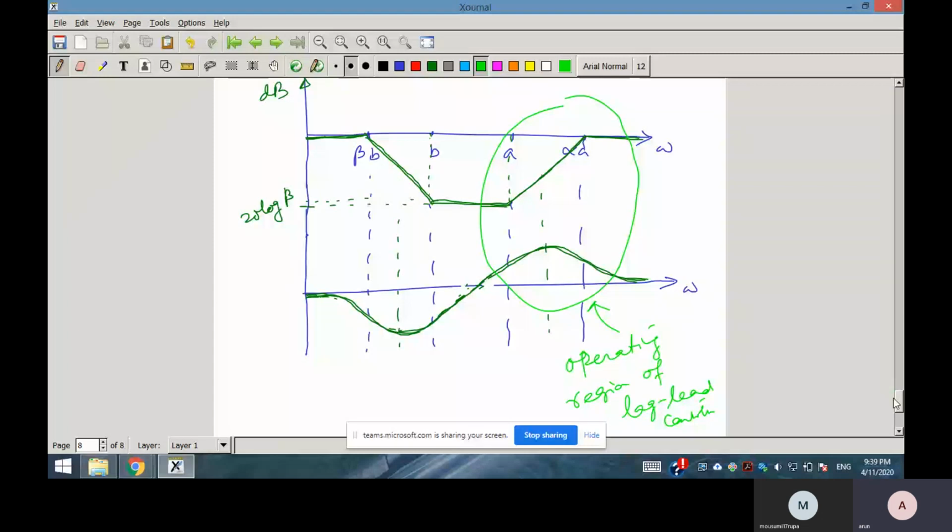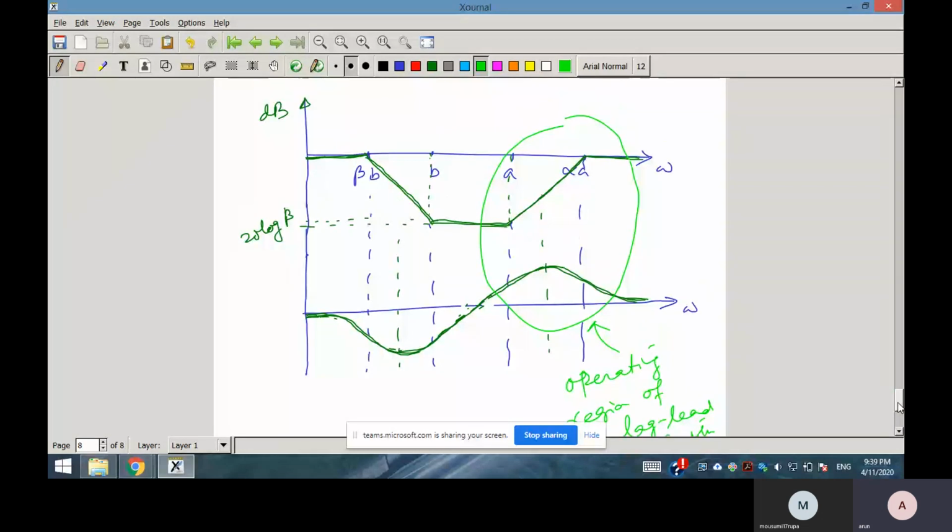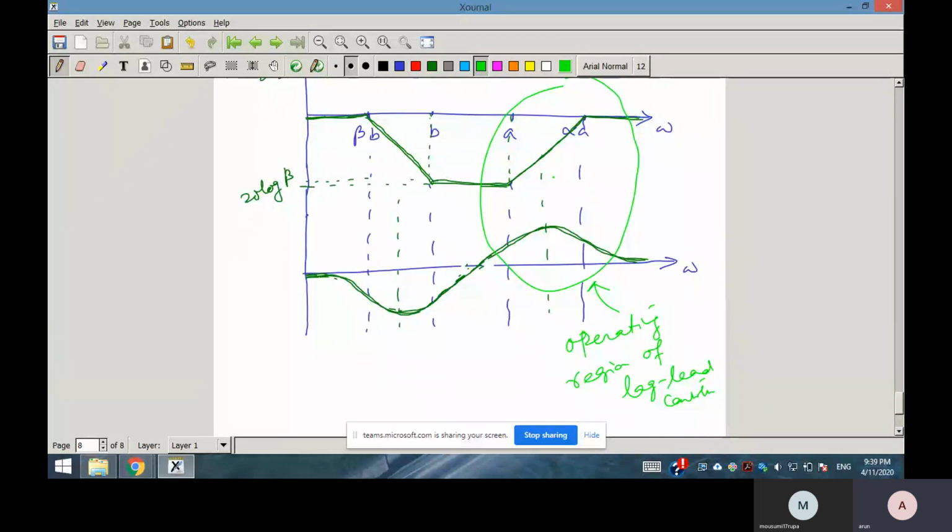So here the objective is to obtain phase lead as well as gain attenuation. For that, the lag part should come first, then the lead part. That's why the controller name is lag-lead, not lead-lag. Although the naming doesn't matter, strictly, in the Bode magnitude plot the lag part should appear first, then the lead part.